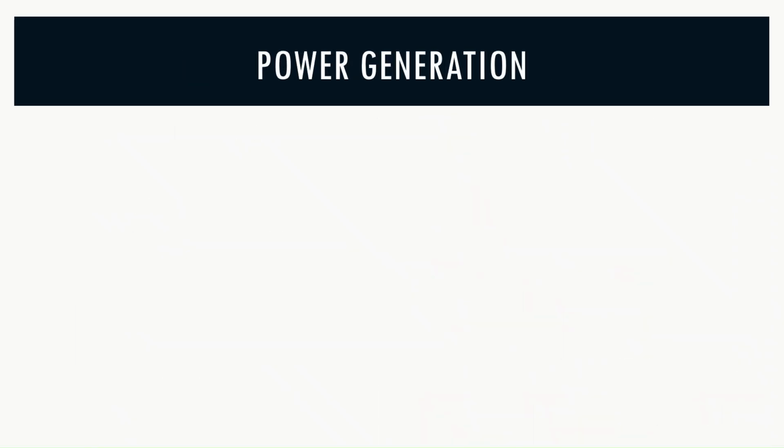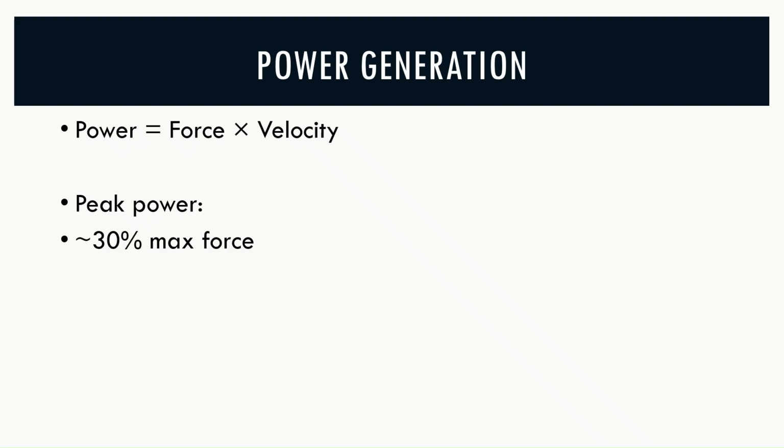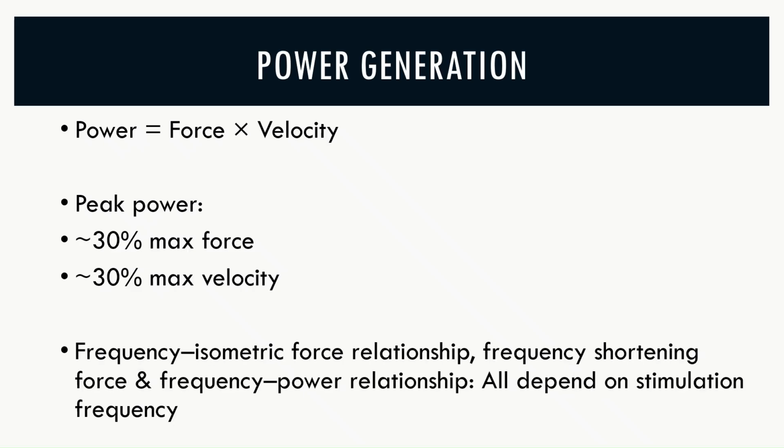Power generation. Power output of respiratory muscle is a product of force and velocity. Peak power output occurs at approximately 30% of maximal force and 30% of maximal velocity. Several functional relationships including frequency-force, frequency-velocity and frequency-power relationships all depend on frequency of stimulation and determine overall muscle performance.